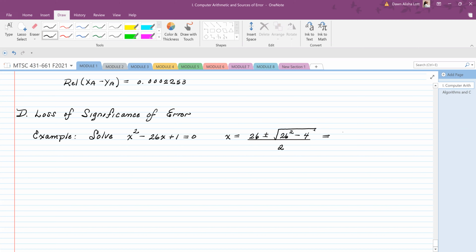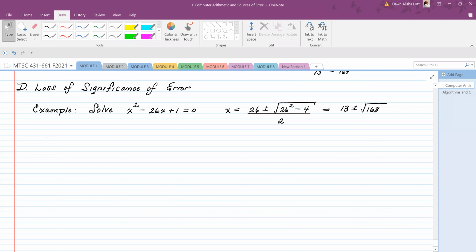So this is 13 plus or minus the square root of 168. Now, we already know that 13 squared is 169, okay? So the square root of 168 is very close to 13, all right?